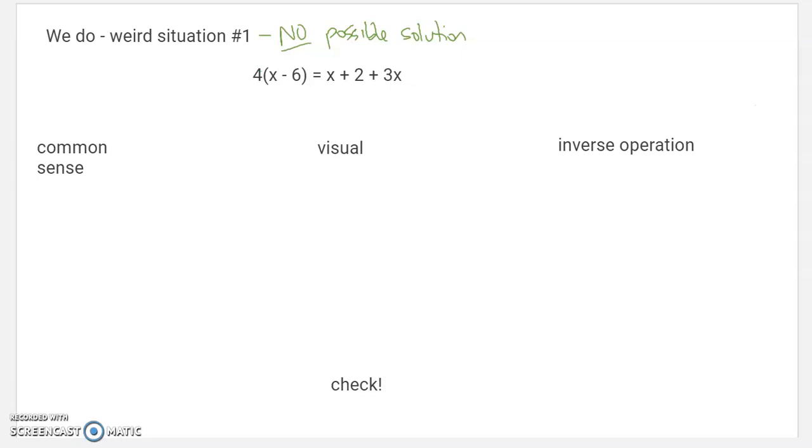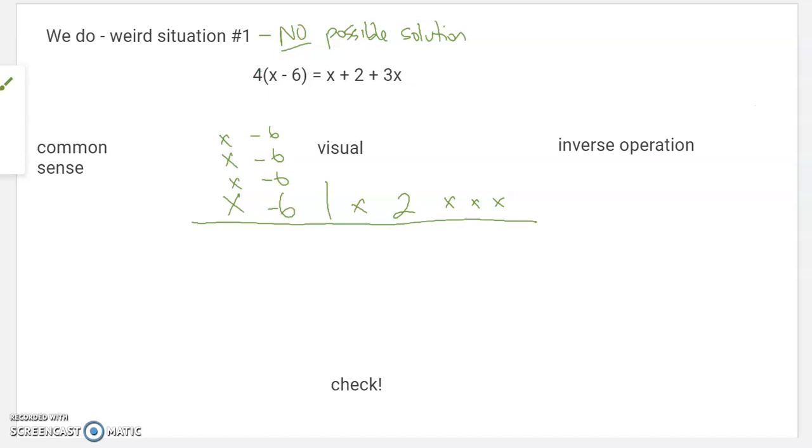So this is going to be one that ends up with no possible solution. If I start to draw it, we have 4 times x minus 6. Over here we have 1x plus 2, plus 3x. So my first instinct would probably be to take the variables off both sides, but there's the same number of variables on both sides.